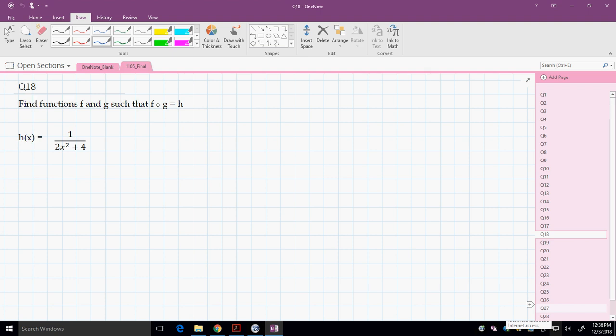Question 18. They're asking us to find the functions f and g such that f of g equals h. Remember that we always put the second one into the first one, so we put g into f.